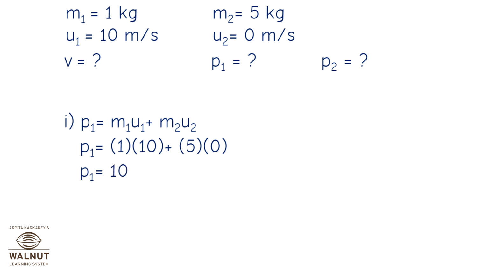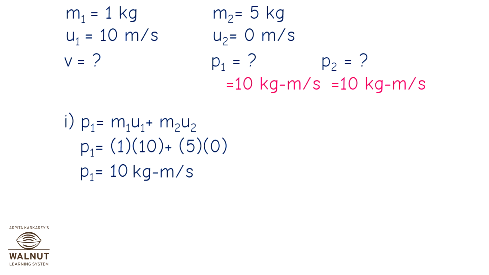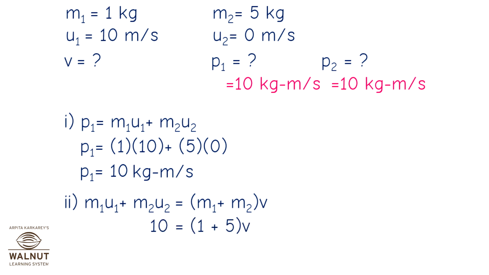Therefore, P1 is equal to 10 kg meters per second. 2. m1 u1 plus m2 u2 is equal to m1 plus m2 into v. Therefore, 10 is equal to 1 plus 5 into v. Therefore, v is equal to 1.6 meters per second. Also, P1 is equal to P2, which is equal to 10 kg meters per second.